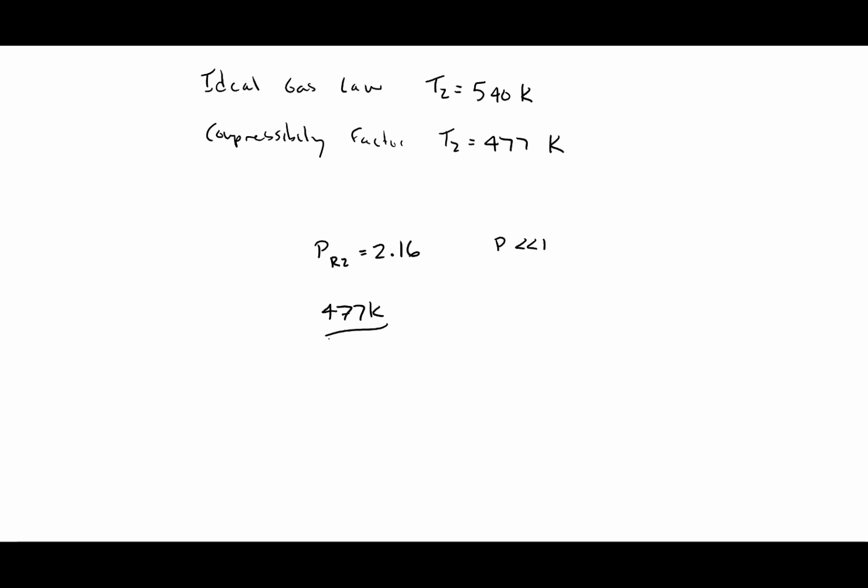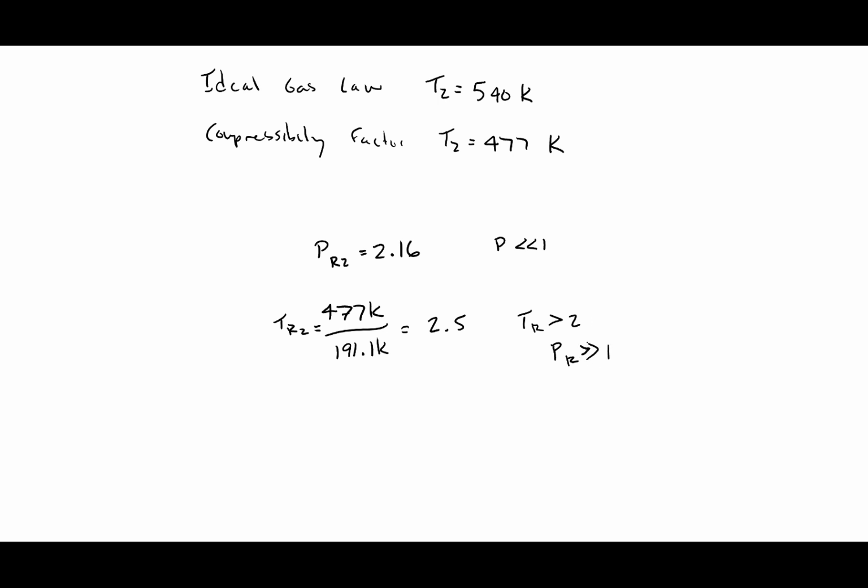And if we divide that by the critical temperature, we get 2.5, so this would be the reduced temperature at state 2, T_R2. So this is greater than 2, because remember, if the reduced temperature is greater than 2, we can assume that it's an ideal gas, unless the pressure is much greater than 1.